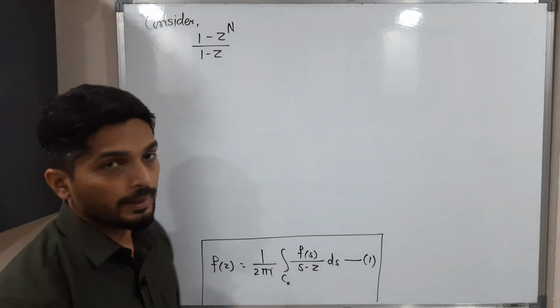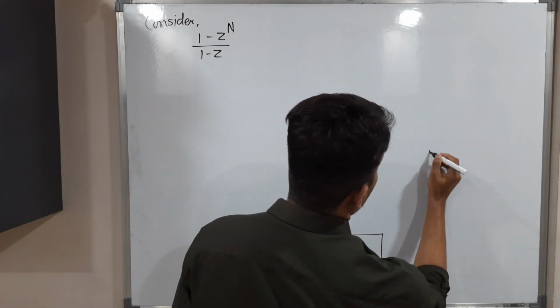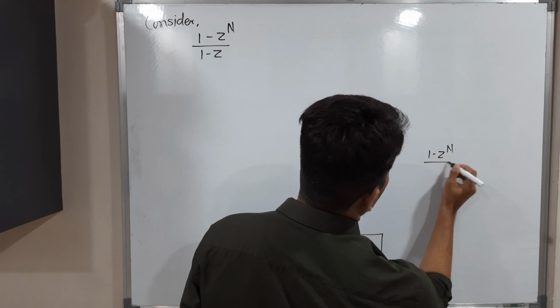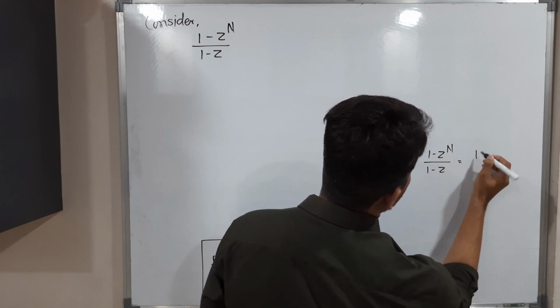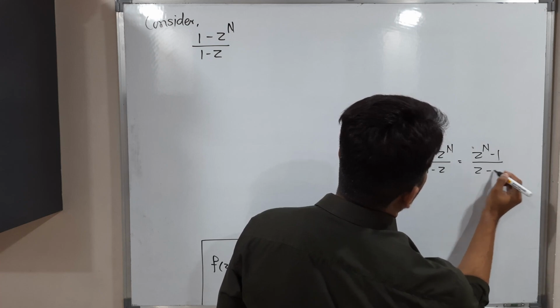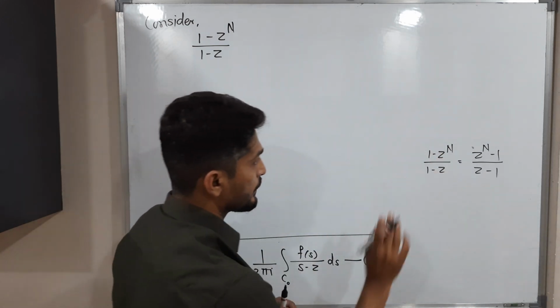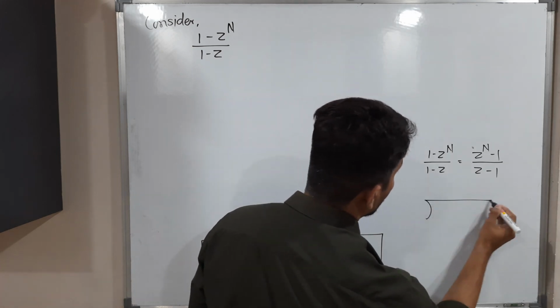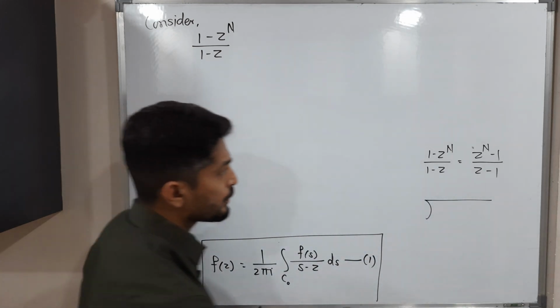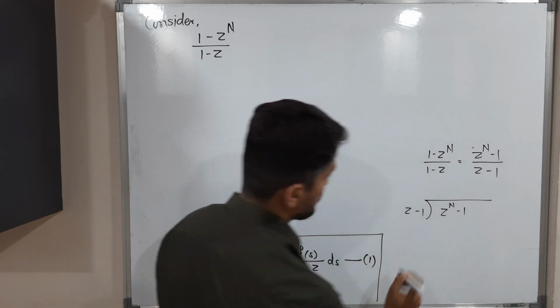We have to find its value. Let us see how to find its value. Basically 1 minus z raised to n upon 1 minus z is same as z raised to n minus 1 upon z minus 1. If you multiply numerator and denominator by minus 1, you will have this one. We are familiar with division of polynomials. So we are going to divide z raised to n minus 1 by z minus 1.